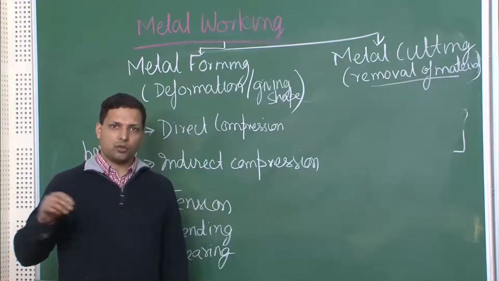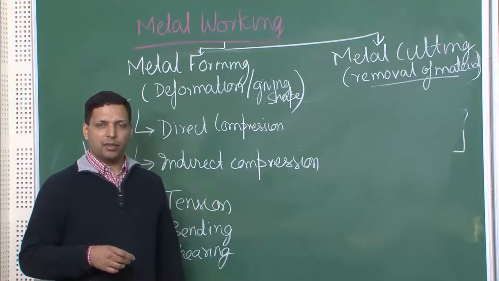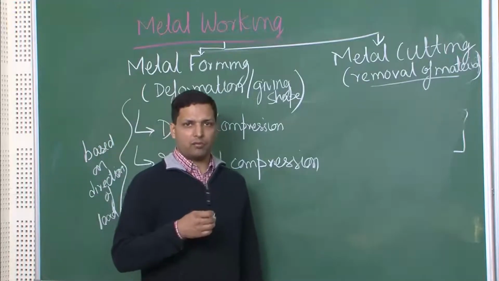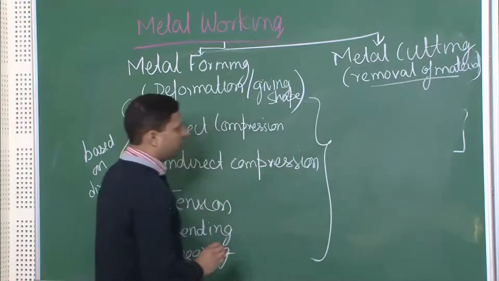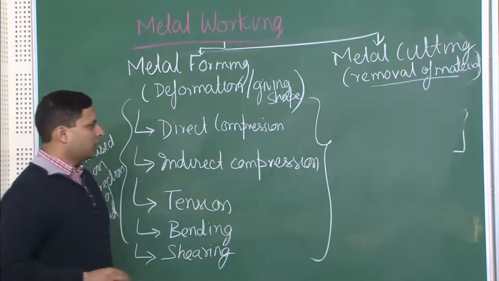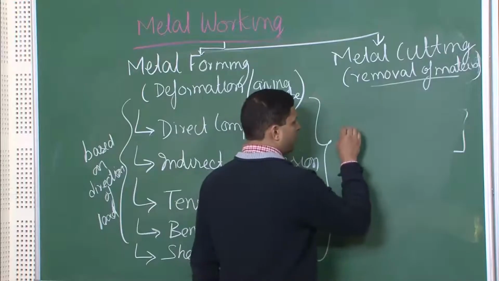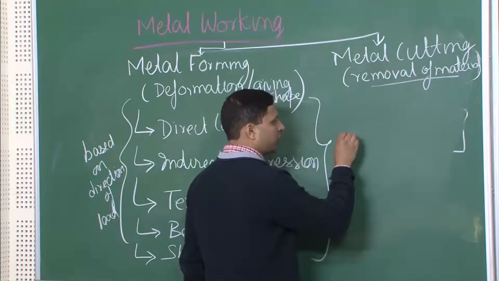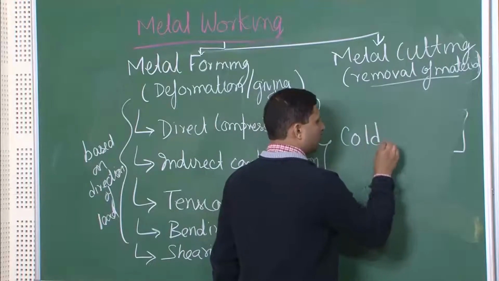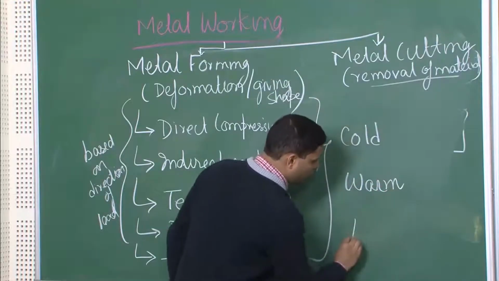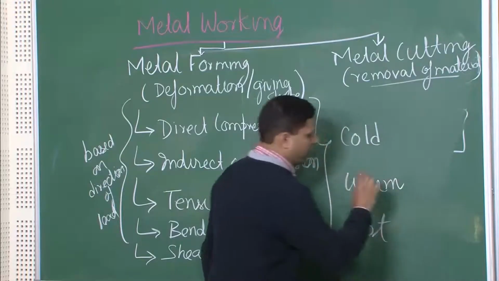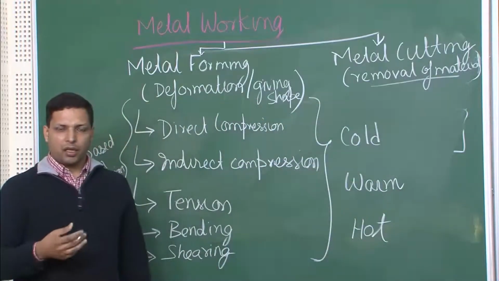Now, when we are doing deformation, you will see that there are three main temperature zones people use, and that has to do with the physical metallurgy of the materials, because in these three different zones materials behave completely differently, and therefore this classification of metal forming can again be divided into three temperature zones: cold, warm, hot. And when I say cold, warm and hot, it is not the absolute temperature.